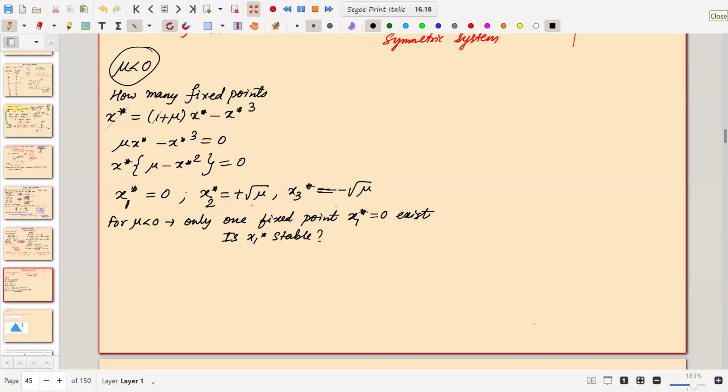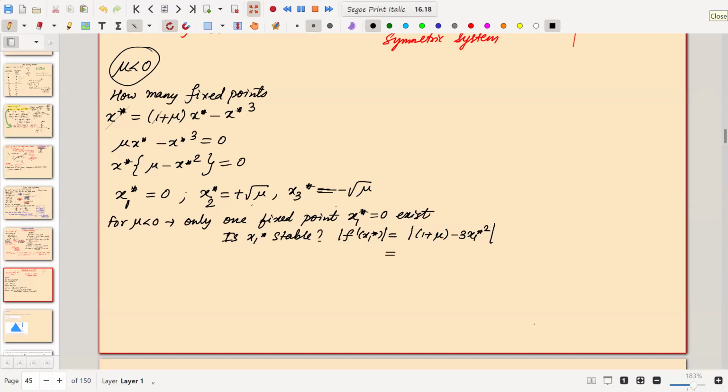Compute the absolute value of the derivative. Be very careful, absolute value of the derivative. So what is the derivative of the map, first of all? It will be 1 plus mu minus 3 x star square.